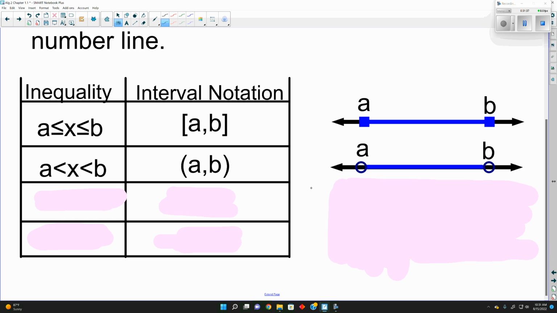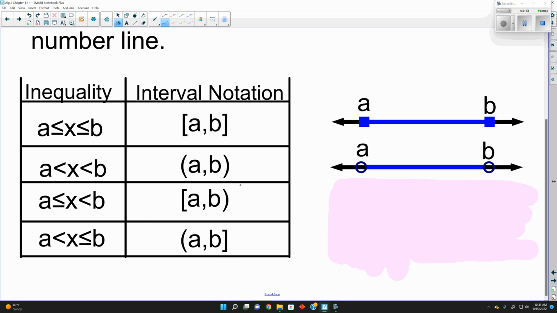Well, the only other cases that we can have is one more time, where one of the two ends is equal to. So we can say A is less than or equal to X is less than B, or A is less than X is less than or equal to B. So I wanted to list all four possibilities that we could have with this here.